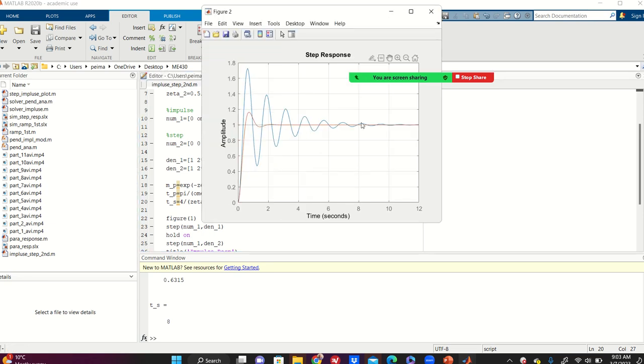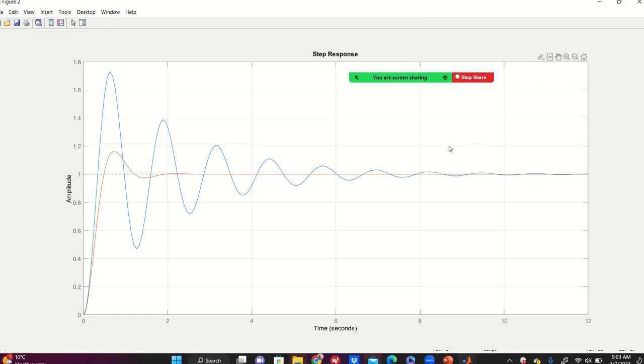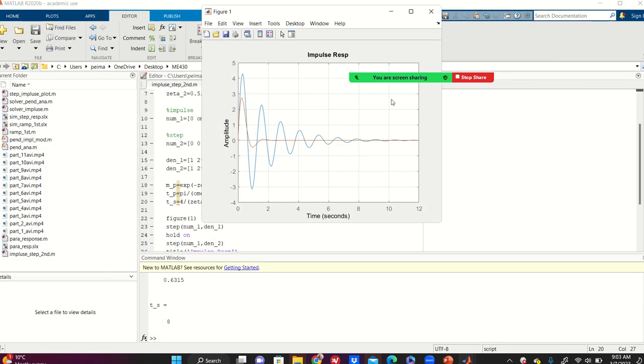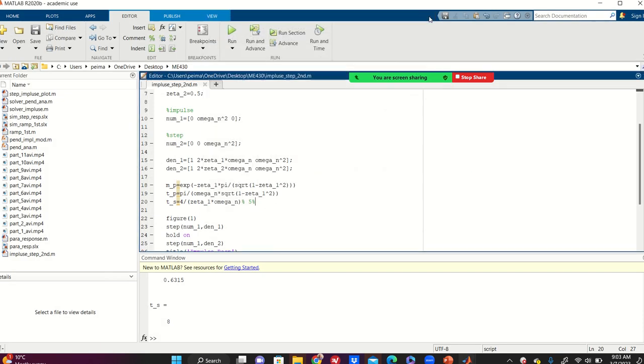See, exactly here is 5%. If you look at this distance, let me magnify it, guys. This distance is almost 5%. Okay, guys, understand everything?